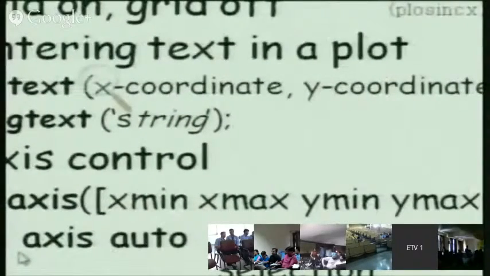Otherwise it calculates its default axis and plots. If the user wants different axis values, then the axis values have to be given. And it is compulsory that the axis command will always come after the plot command. Okay.